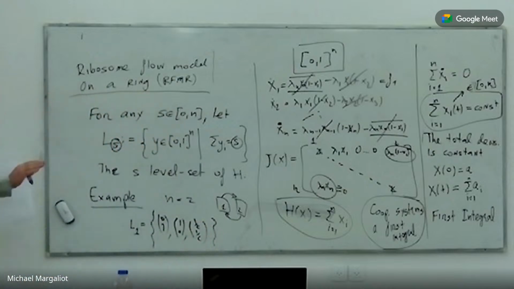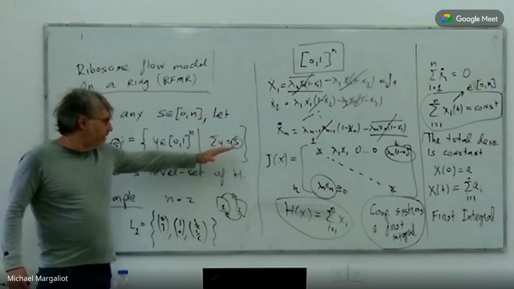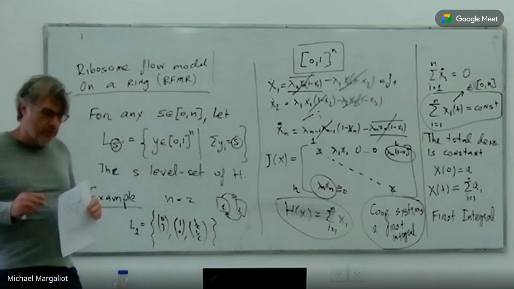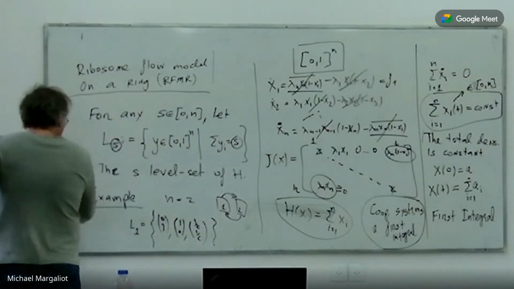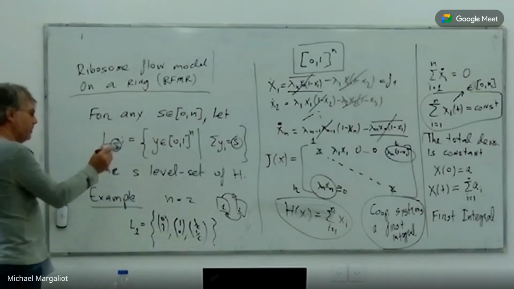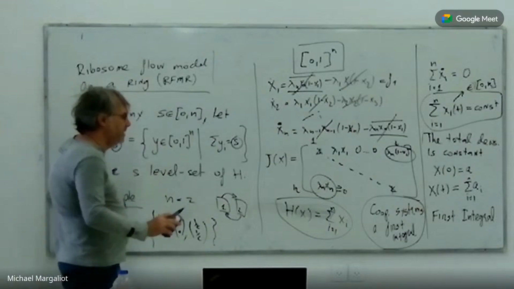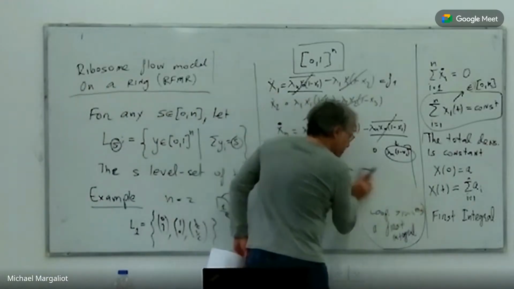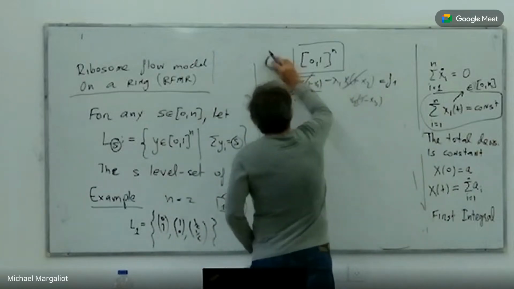I look at all the possible densities in my sites, such that the total density is equal to S. Because we know that if I start with some total density S, it remains S along the dynamics, it is natural to consider the system on this S level set.